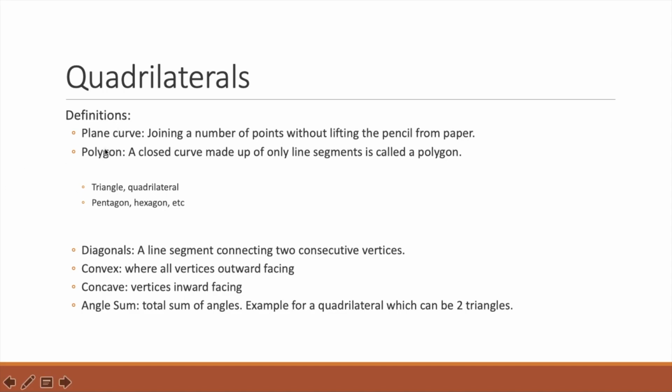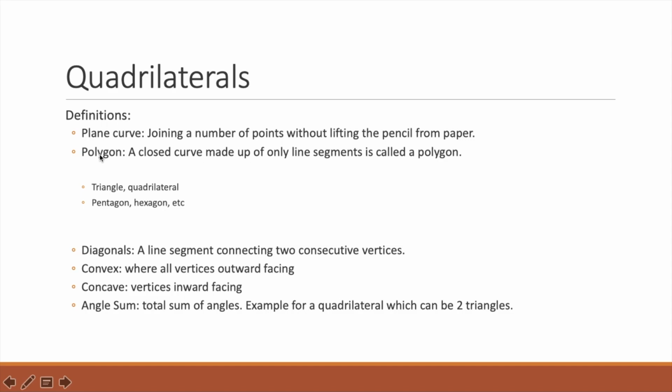Similarly, what is a polygon? That is the main topic under consideration in this chapter. A closed curve made up of only line segments is called a polygon. A curve is just a free flow draw, not necessarily a line segment.